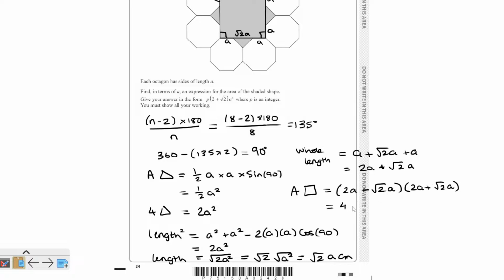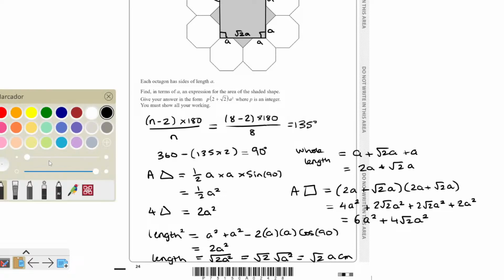So multiplying out, we get 4a squared plus 2 root 2a squared plus another 2 root 2a squared plus, and then the last one would be just 2a squared, wouldn't it? Because those root 2's would cancel. Simplify that, I can add the a squared, so that'll be 6a squared, and then I can add the 2 root 2a squared plus 4 root 2. Write that better than that. So that's simplified for the area of the square.